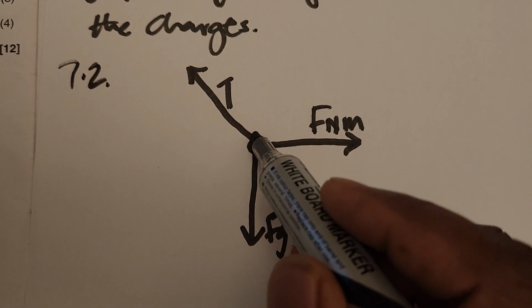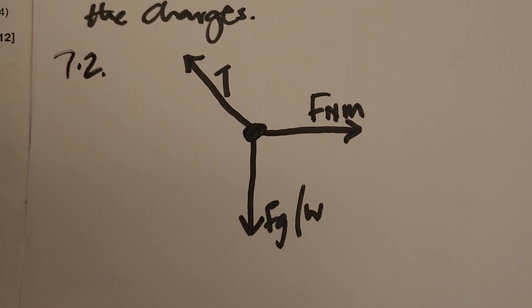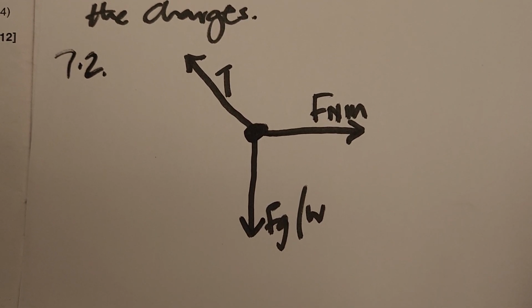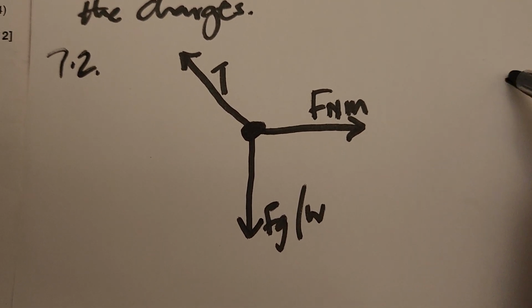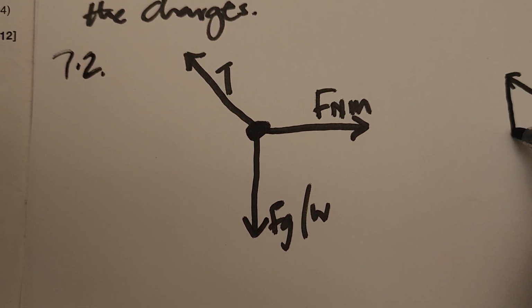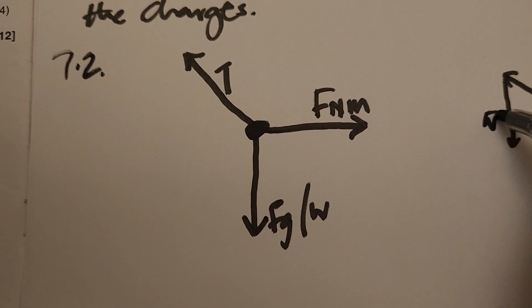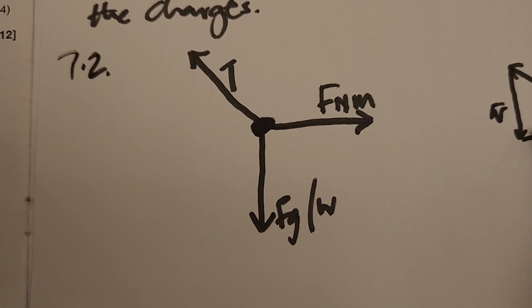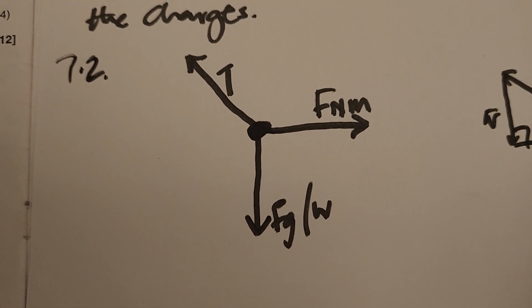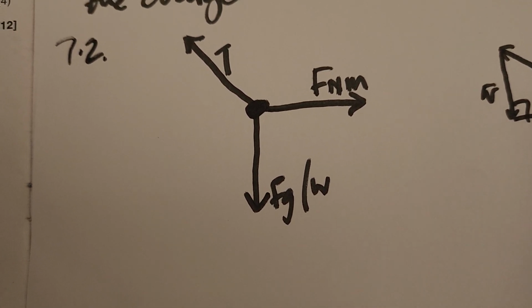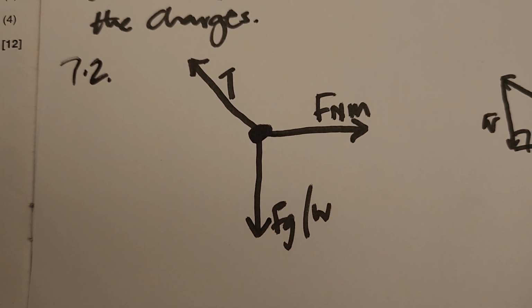But bear in mind that once you draw this one, obviously they are going to ask you to use the triangle of these forces, with the tension, the weight, and this force.